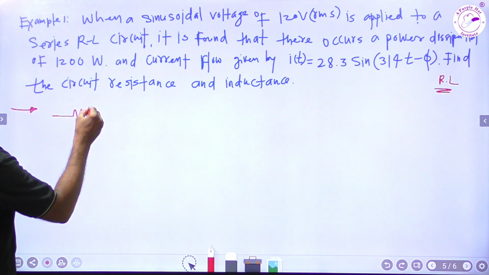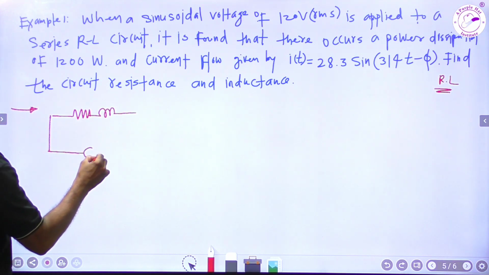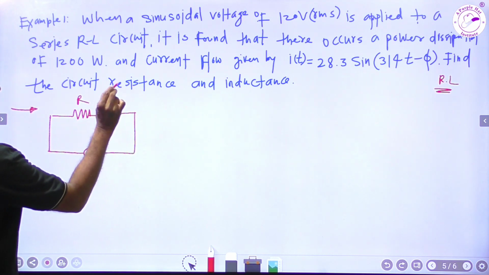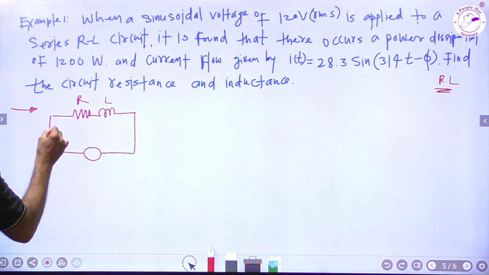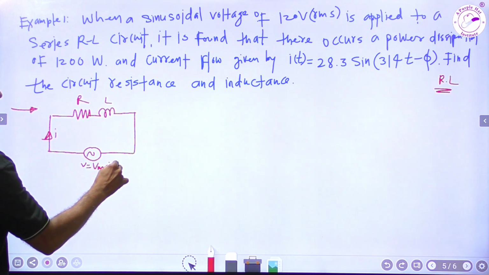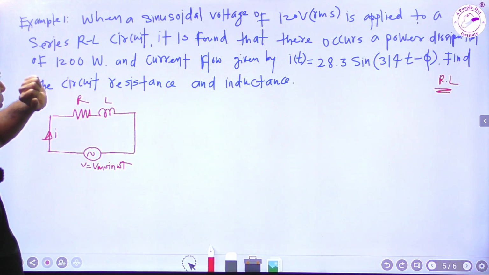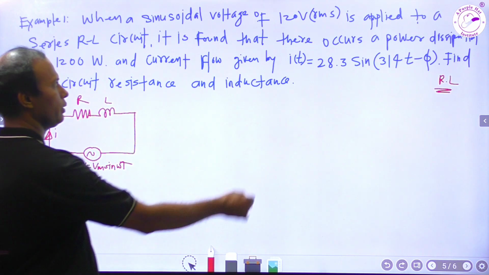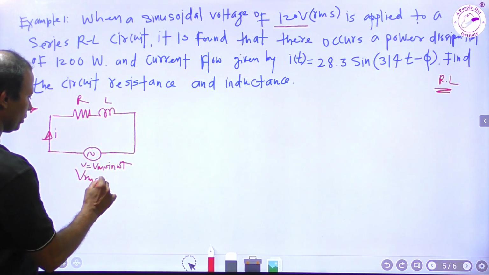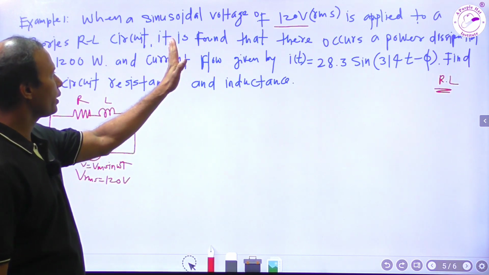Quickly I will try to draw the circuit. This is the resistor R, this is the inductor L, the source of supply, instantaneous current i, and v = Vm sin ωt. Now in the problem statement some data is given. RMS voltage is 120 volt, applied to a series RL circuit.